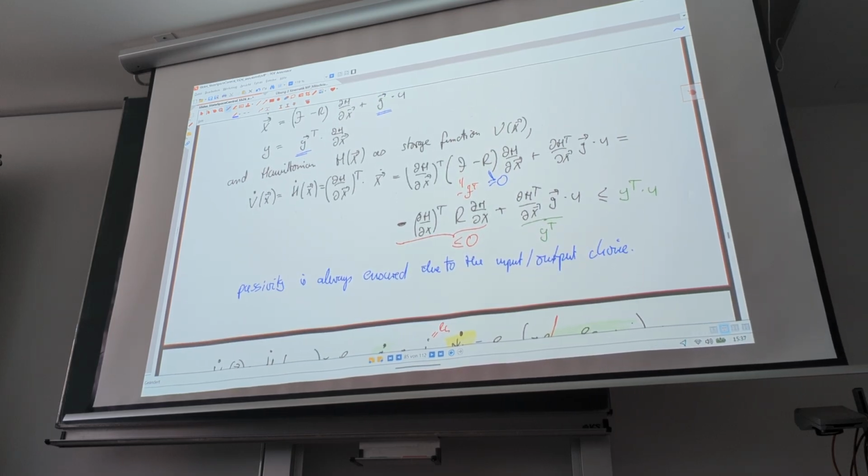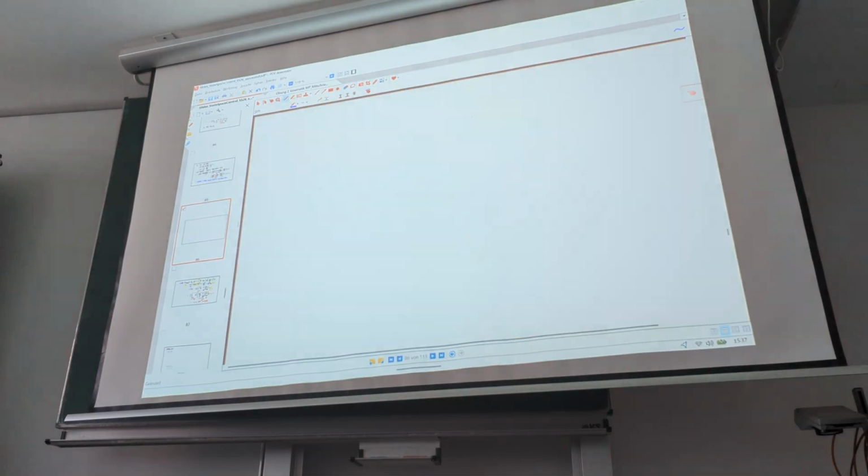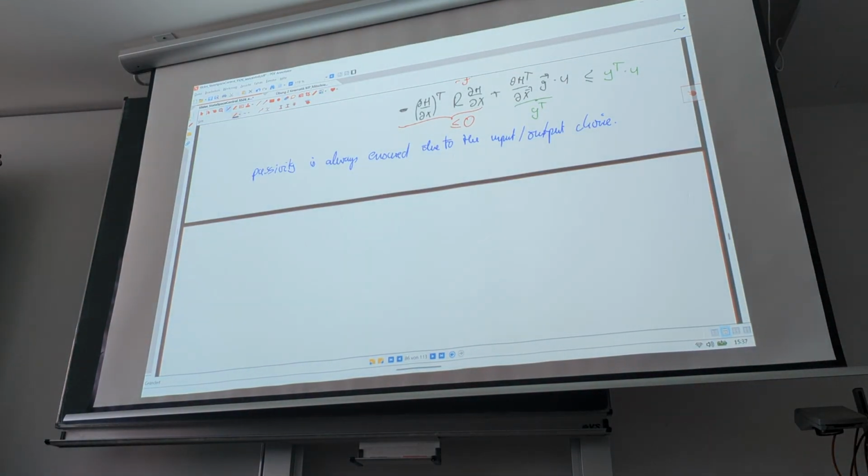I'll add this here as the last aspect, and then I think we'll finish this topic. I call this the compositional property of passivity. And that's now the interesting feature if we interconnect systems.